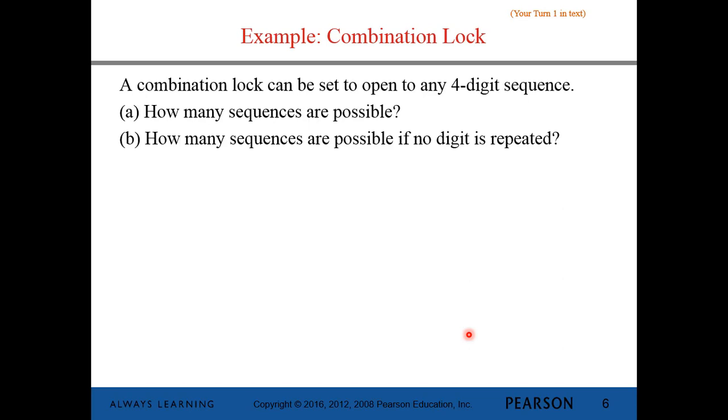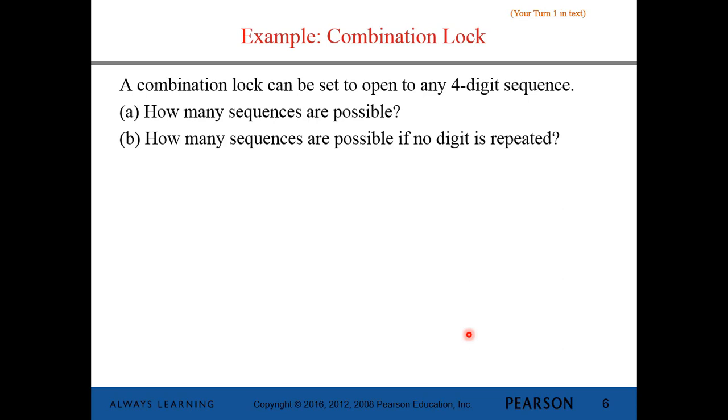Now, here's a combination lock. A combination lock can be set to open to any 4-digit sequence. So how many possible sequences are there then?